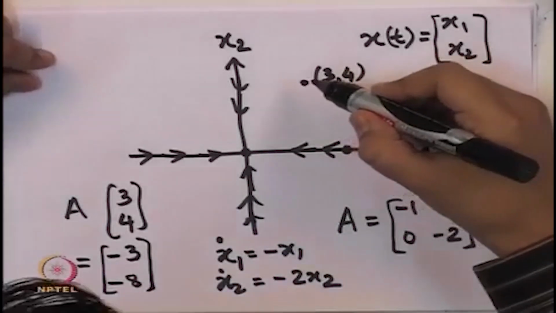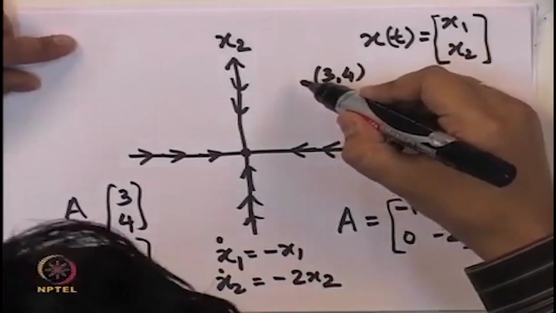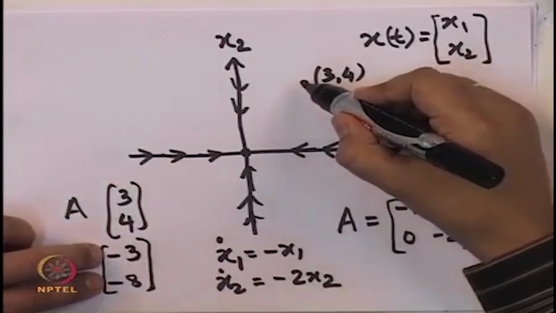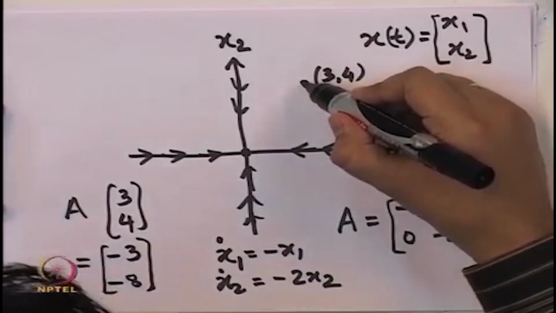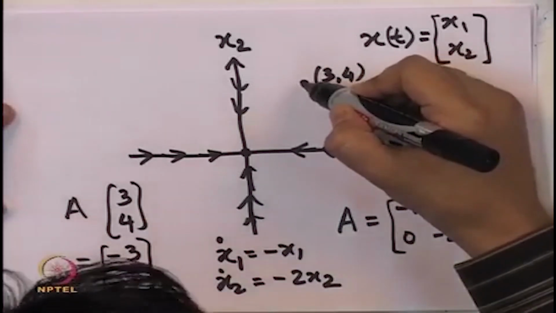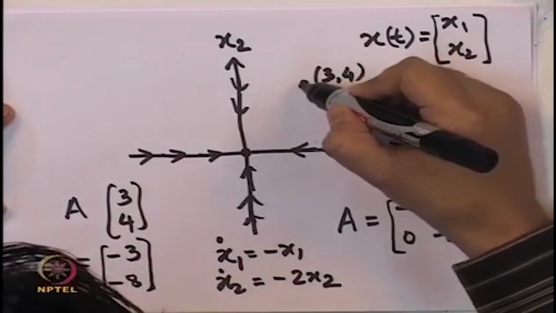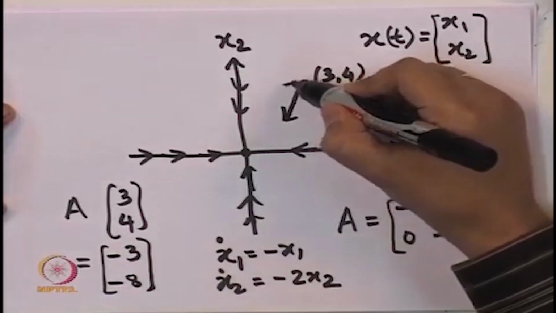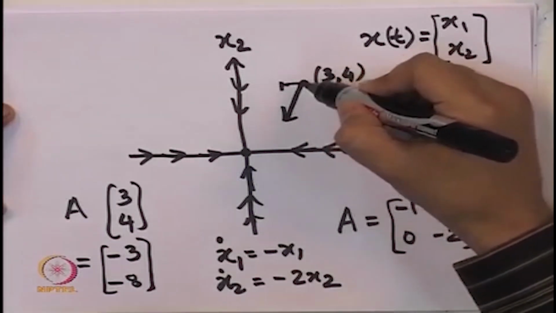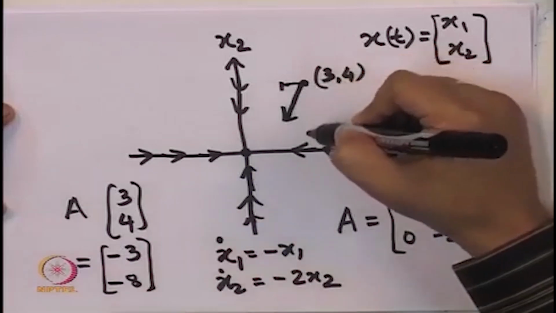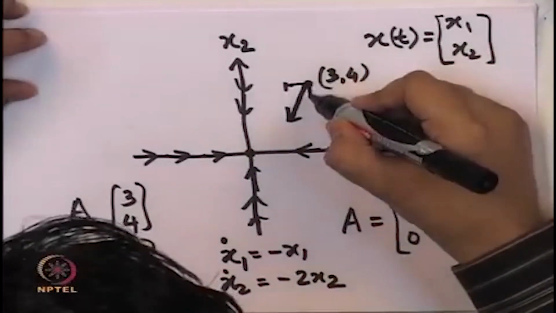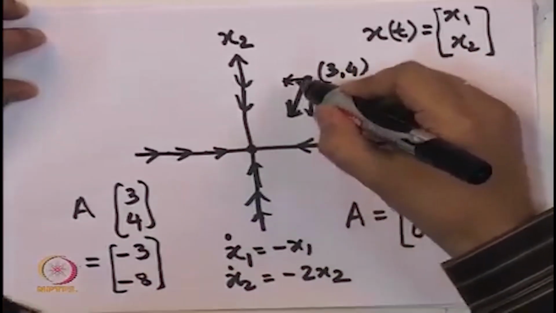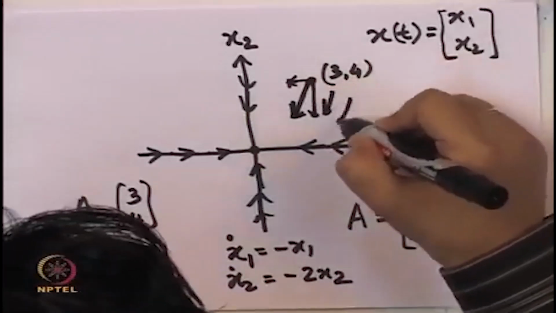So, to determine where the arrow should go at this point 3, 4, we will draw the vector towards minus 3, minus 8 starting from this point 3, 4. It is some vector like this with 3 components in the negative x1 direction and 8 components along the negative x2 direction. So, when we resolve this, we get this vector. This is how all arrows are directed.